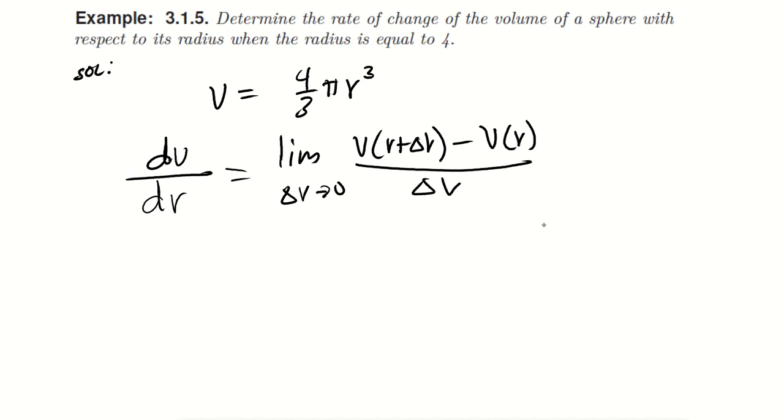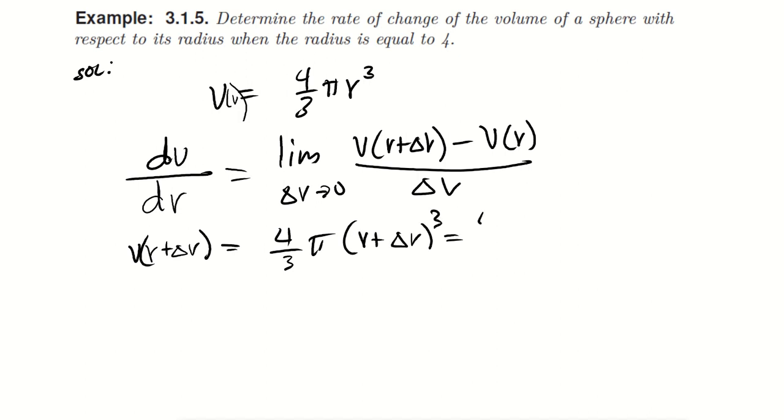So we have here, this is V sub r in terms of r. V sub r plus delta r will be equal to 4 over 3 pi times r plus delta r cubed, where this is 4 over 3 pi times r cubed plus 3r squared delta r plus 3r delta r squared plus delta r cubed.